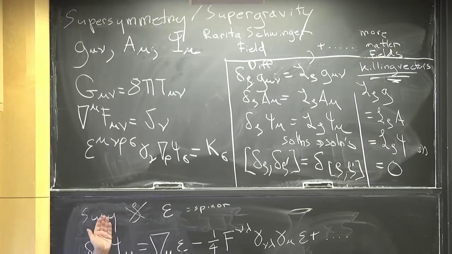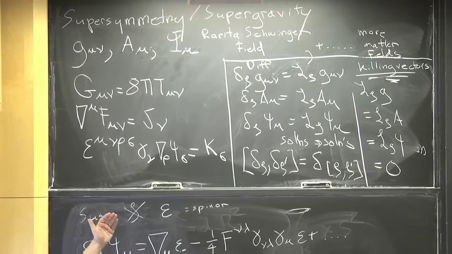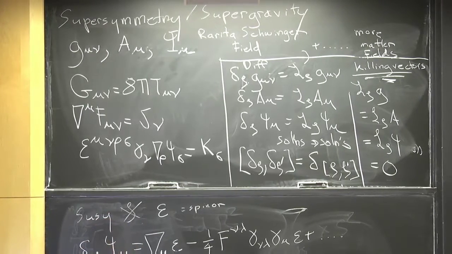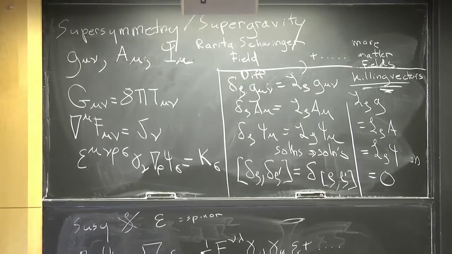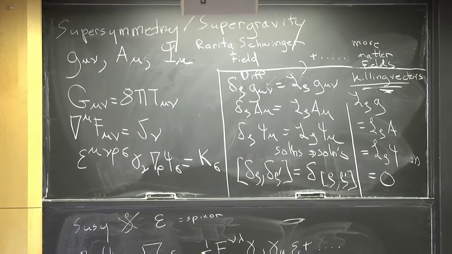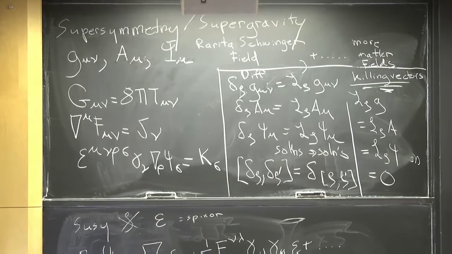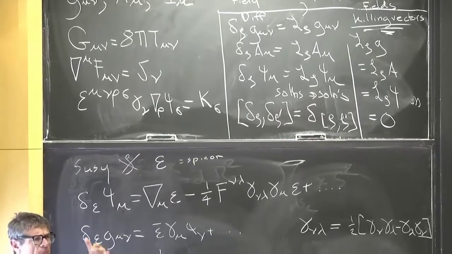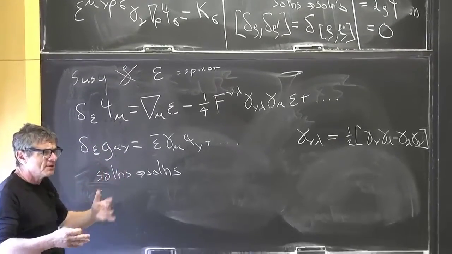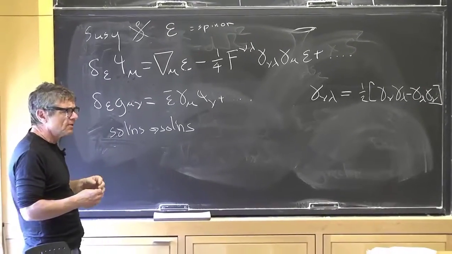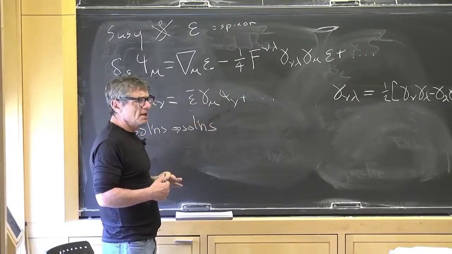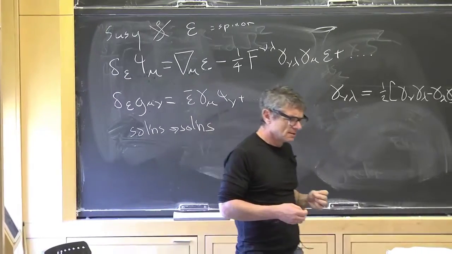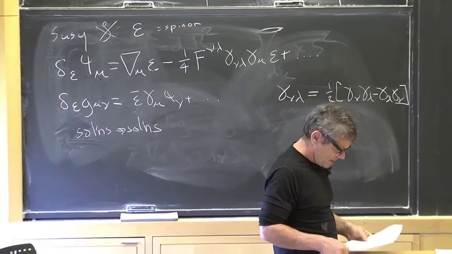In supersymmetry, you can think of G, A, and psi as all part of one big multiplet. We have this bigger group acting that connects more things. So we can think of G, A, and psi as all part of one big superfield. And there are other transformations other than diffeomorphisms that act on it. There's a bigger group here, and that's the supersymmetry group.